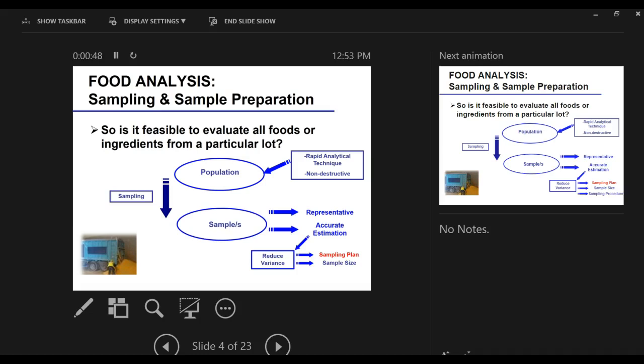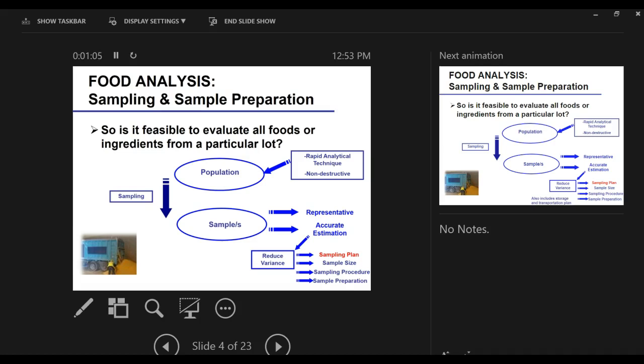Okay, sampling. So sample size, meaning how many samples we need to collect to be representative of the whole lot. What kind of sampling procedure we need to use to collect these samples.